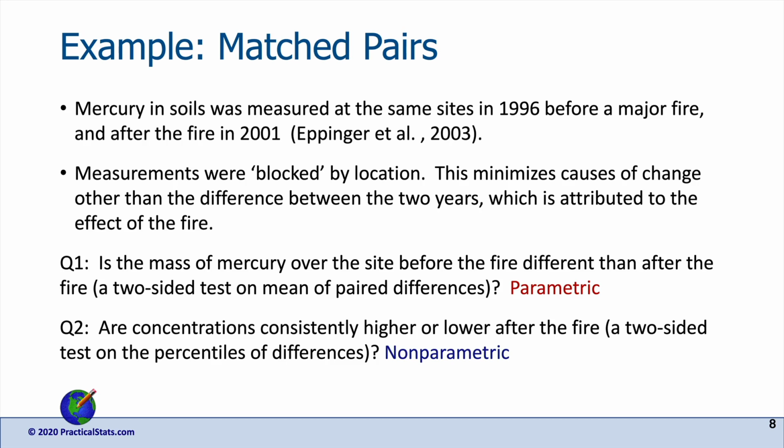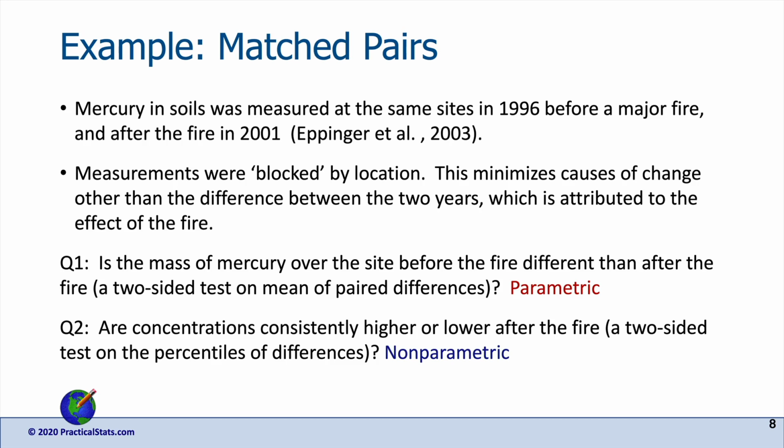The first question: is the mass of mercury over the site before the fire different than after the fire? That's a parametric test. The mass is something that you would sum all of the values up across the entire site to get the total.